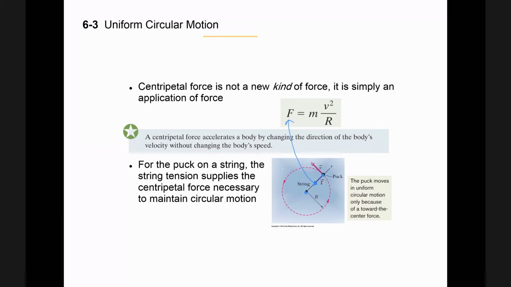So depending on the situation, the centripetal force, the force that causes pulling toward the center, can take different forms. It can be friction. It can be tension if there is a rope, horizontal object, of course. It can be gravity, as we will see. Gravity, yes, it can be gravity. Let's see how it can be gravity, for example.